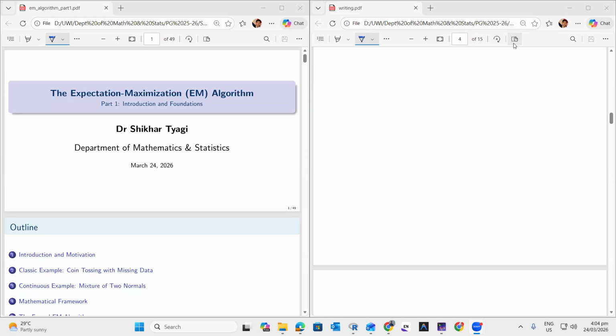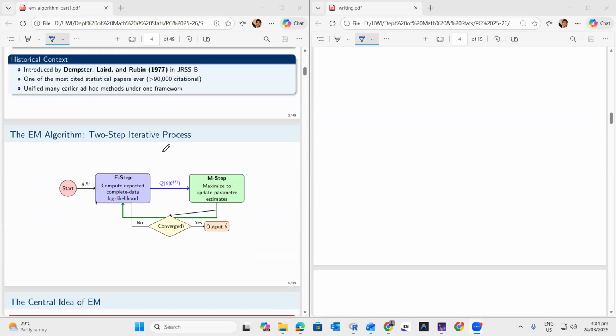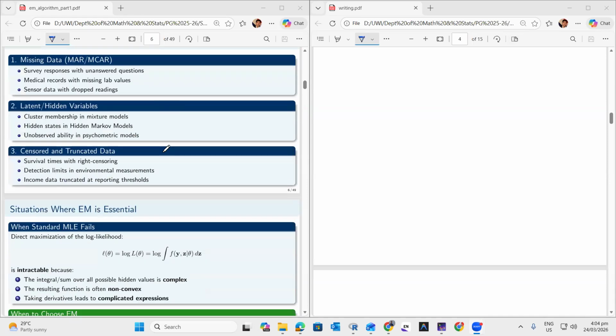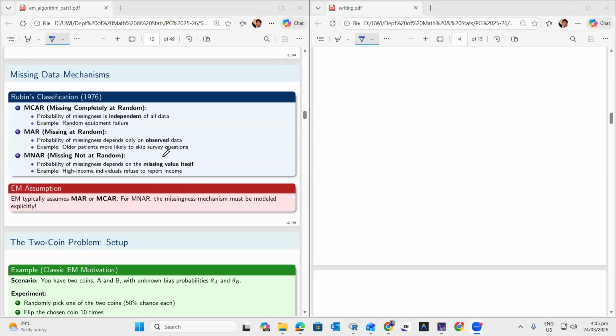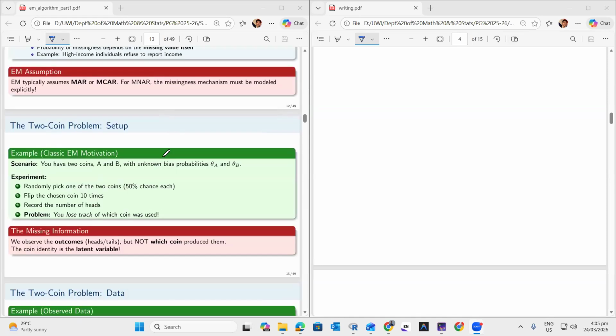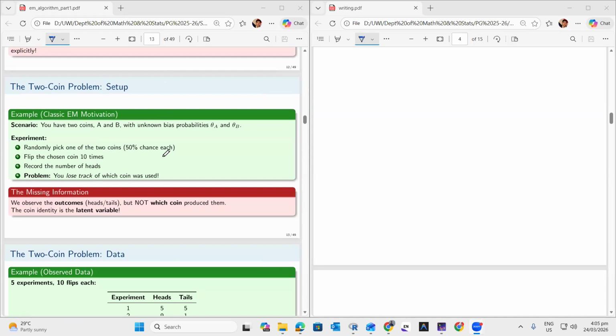In the previous lecture, I gave you the introduction for the EM algorithm, the expectation and maximization algorithm. We were discussing the example in the discrete case for the EM algorithm, the two coin problem.